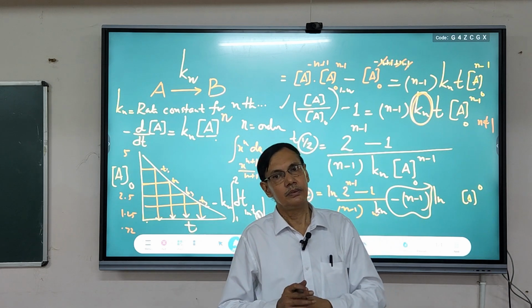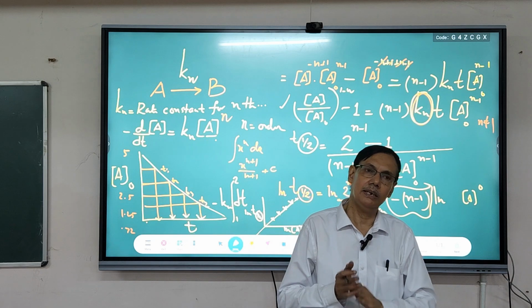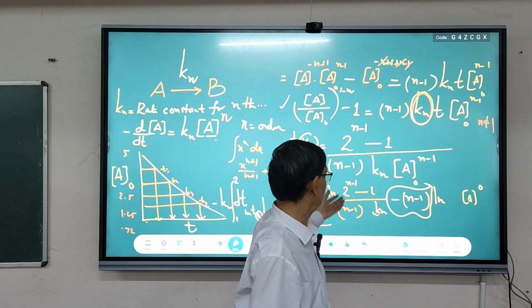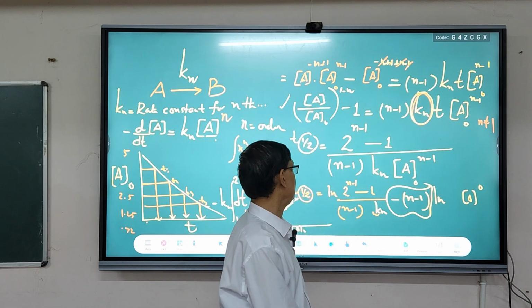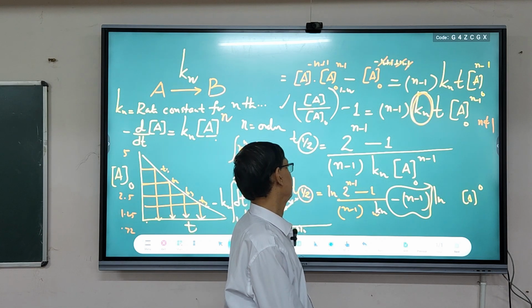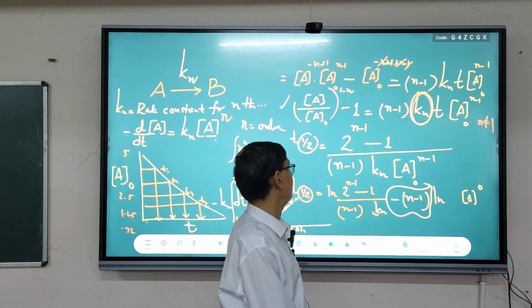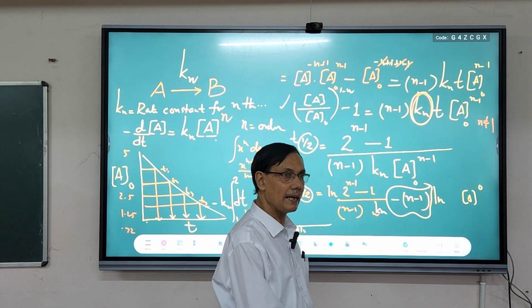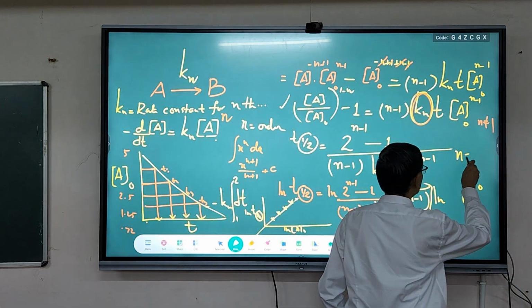So this is the beauty of the nth order of the reactions. If you understand the nth order of the reaction, then in your homework, with the help of this half-life period formula, suppose I give you: calculate the half-life of a second order reaction, where n is equal to 2.